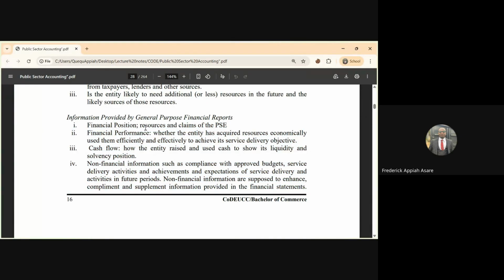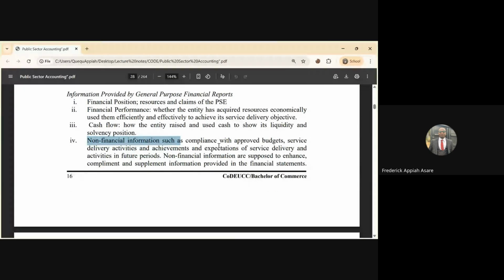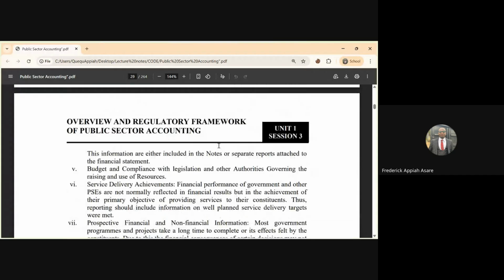So the financial position is like the balance sheet for private sector accounting. Financial performance is like the statement of profit or loss and other comprehensive income. The cash flow is normally the cash flow statement that you know. Then the non-financial information, such as compliance with approved budget, service deliveries, activities, and all those things.